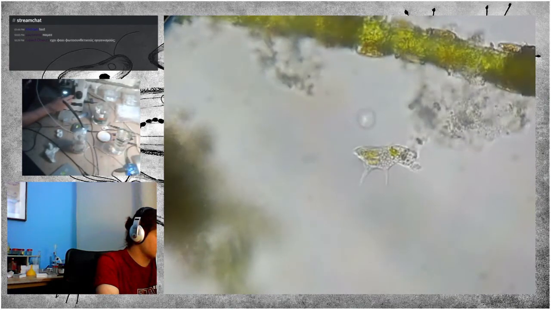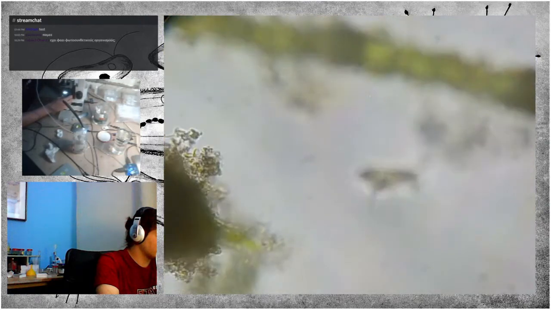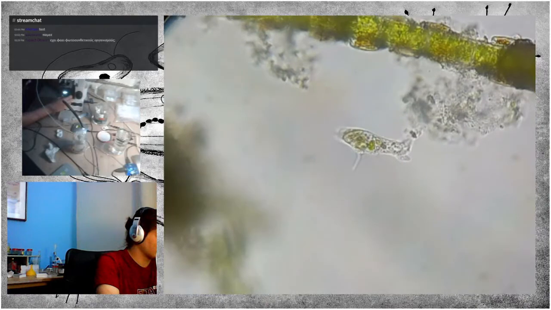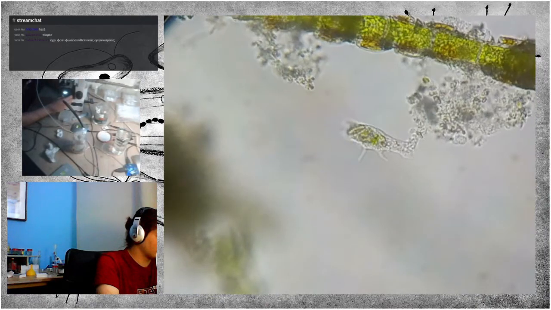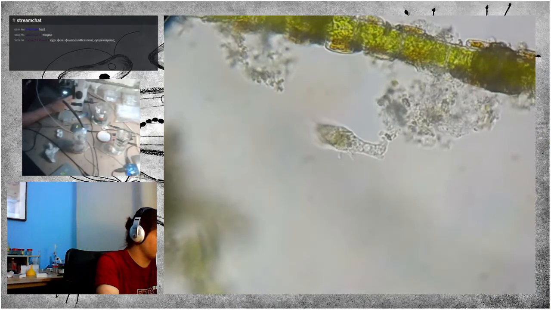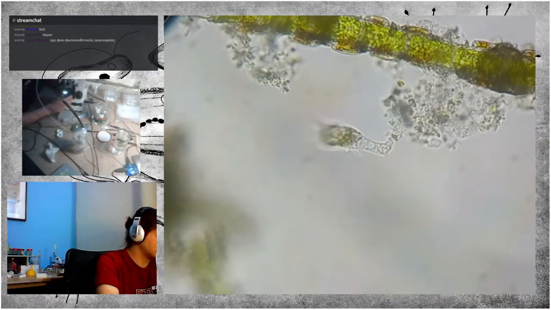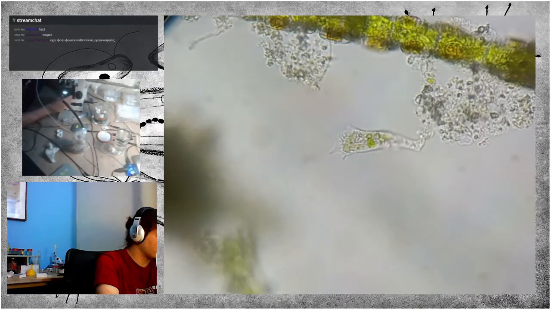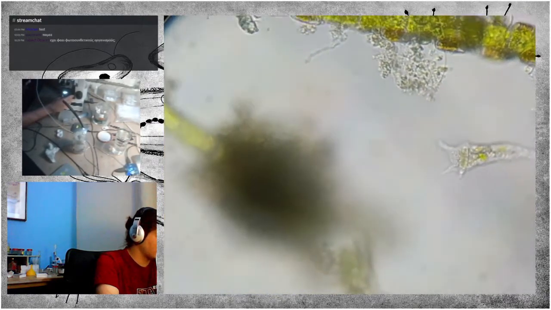Now, here is another species of ciliate. Oh, it's gone. Now, this amoeba seems to be latched onto the slide. I don't know why, honestly.